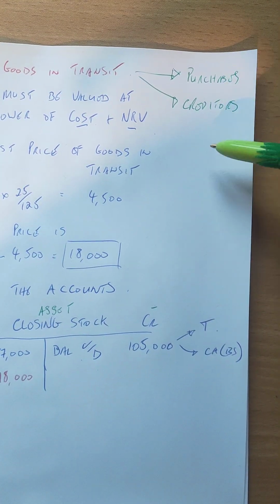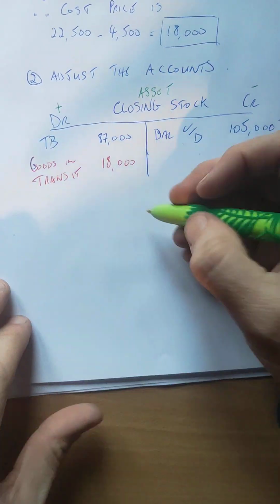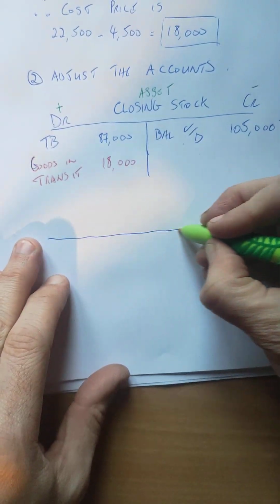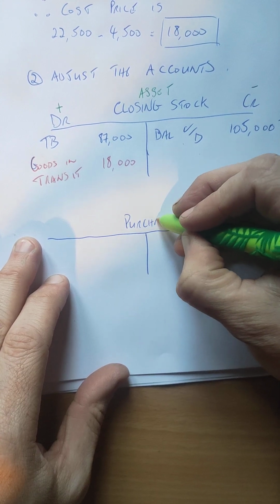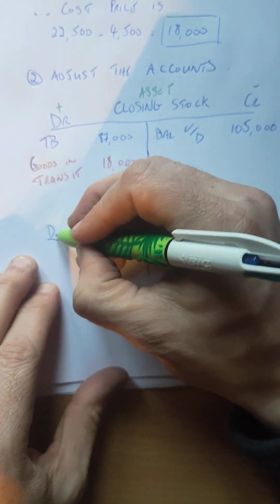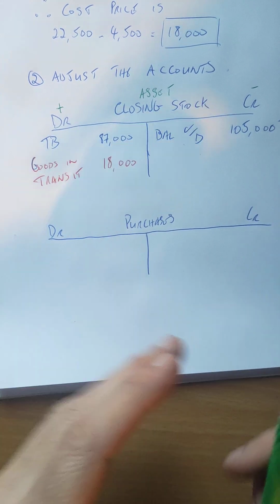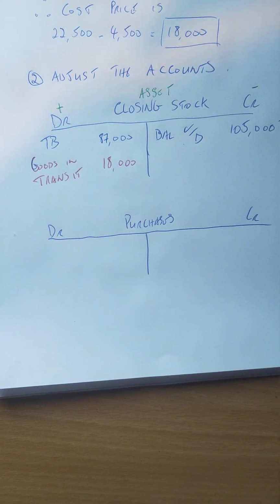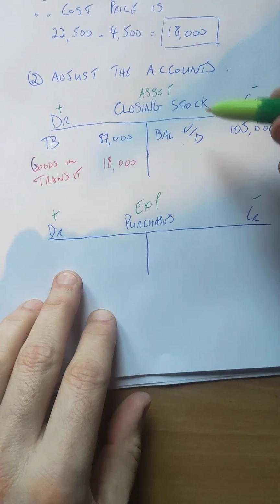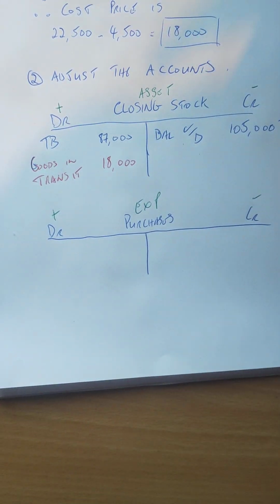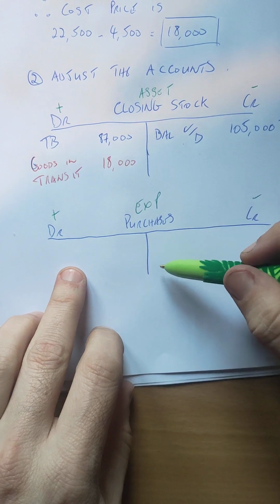Okay, now we've already mentioned we've got to add this to purchases and the creditors. So I'm just going to draw a purchases account, and purchases is an expense account. It looks very similar to the asset account, so anything on the debit side is going to increase it.